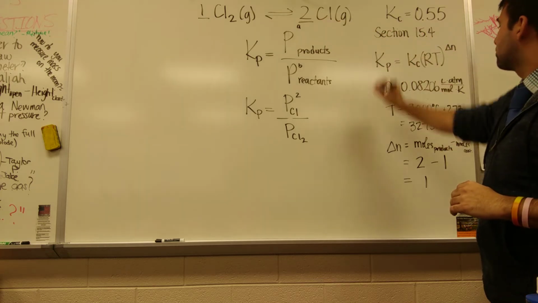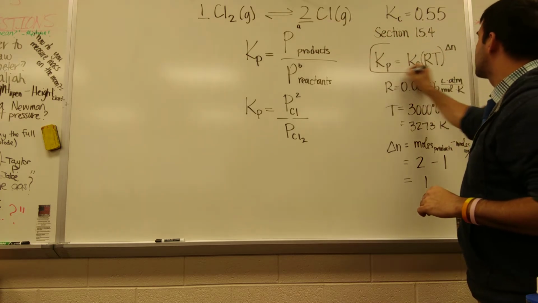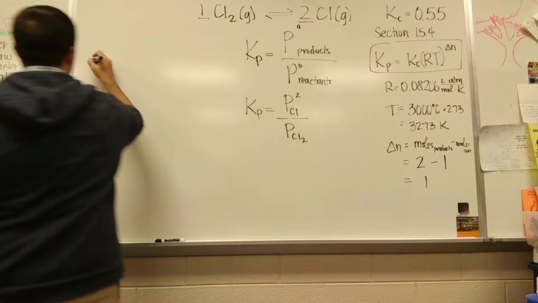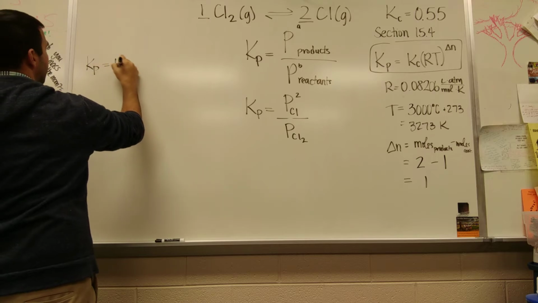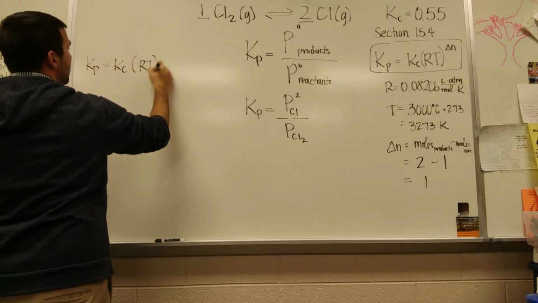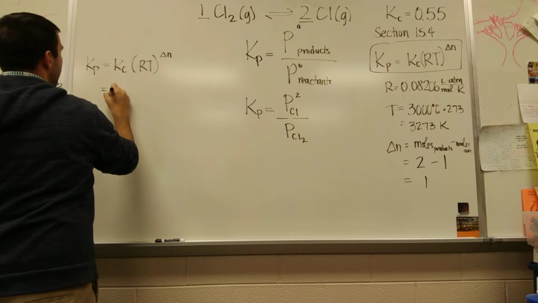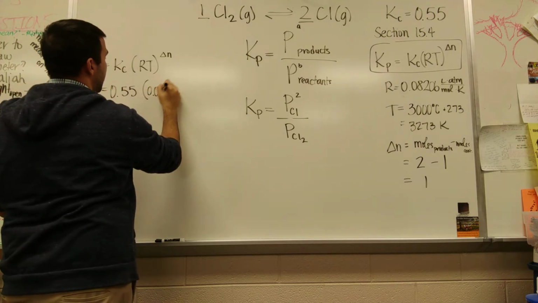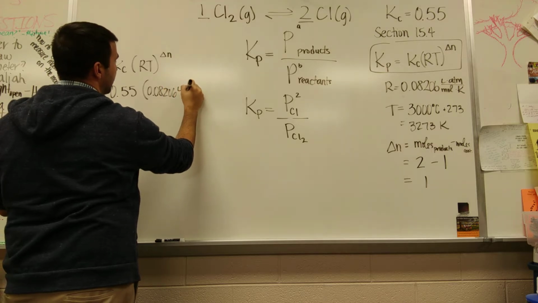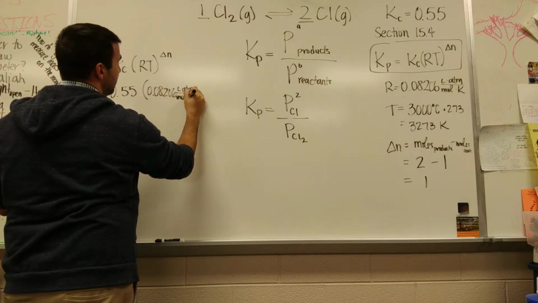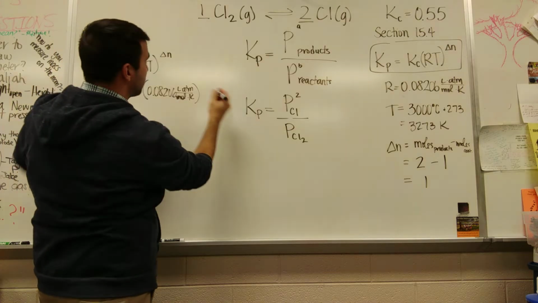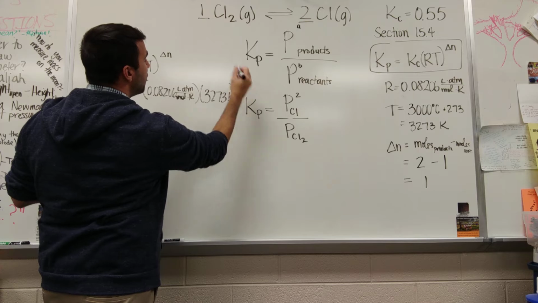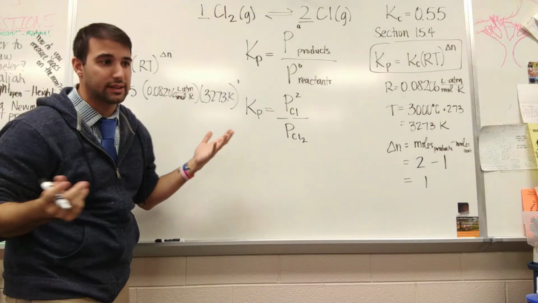Now all I have to do is plug these numbers into this equation. My Kc is 0.55, so let me do this math over here. My Kp, again, is Kc times RT raised to the delta n. Kc is 0.55. My R is 0.08206 liters times atmospheres per mole Kelvin. My temperature is 3,273 Kelvin, and that's all raised to the power of 1, which is itself.